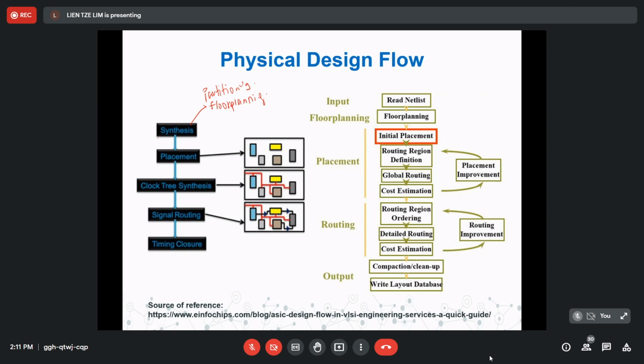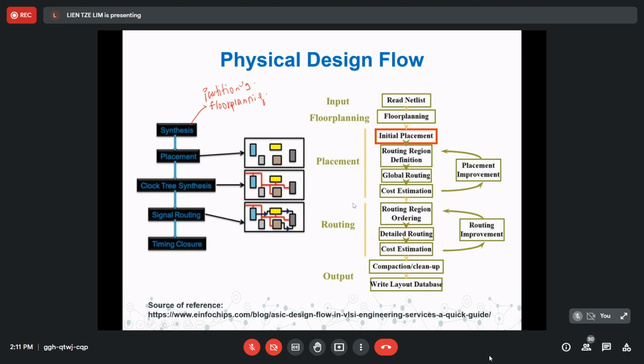So you need to remember that this synthesis is about partitioning and floor planning. Others like placement, clock tree synthesis, signal routing, timing closure are all the same as the one that I showed you in the VLSI design flow.